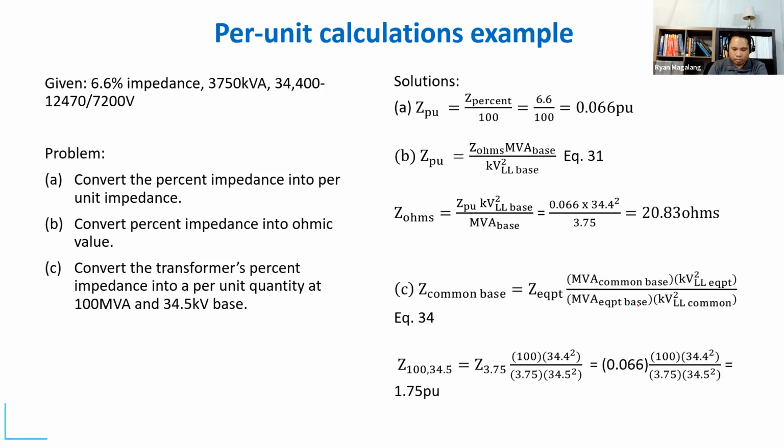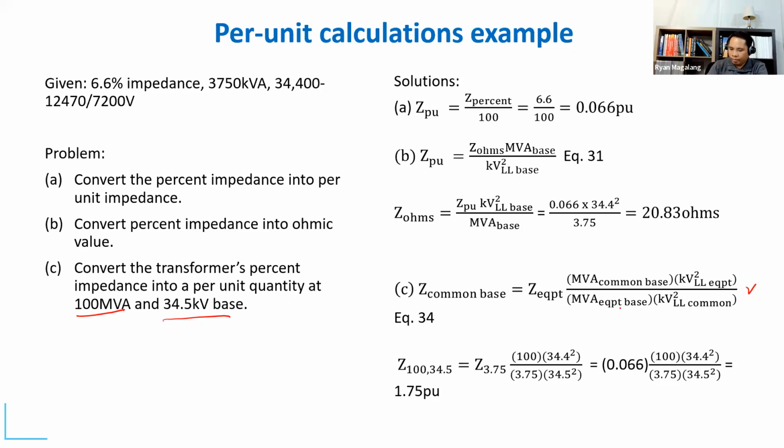So if we wanted to express this in a different base, such as, let's say, a 100 MVA base and a different voltage, 34.5, let's say, now you have to multiply using this formula here: MVA common base times kV of the equipment divided by the MVA of the equipment.